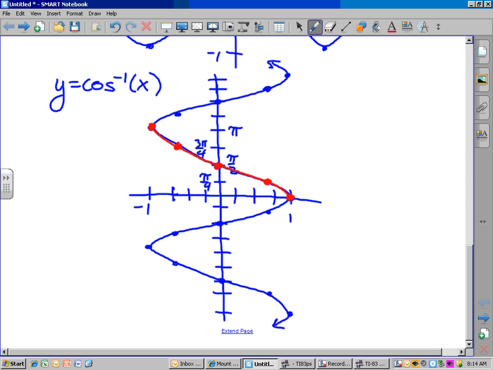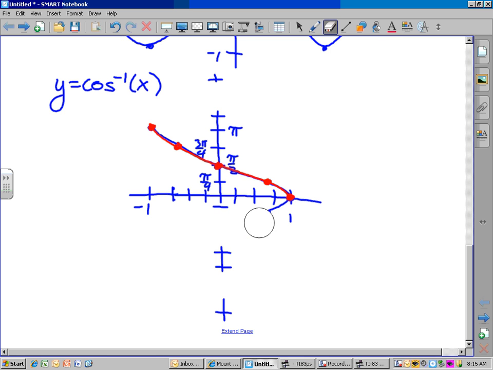Yeah, we could have. We want positive answers when possible. So that's the only part that we need. So the rest, we don't need. So 0 to pi. Quadrants 1 and 2.